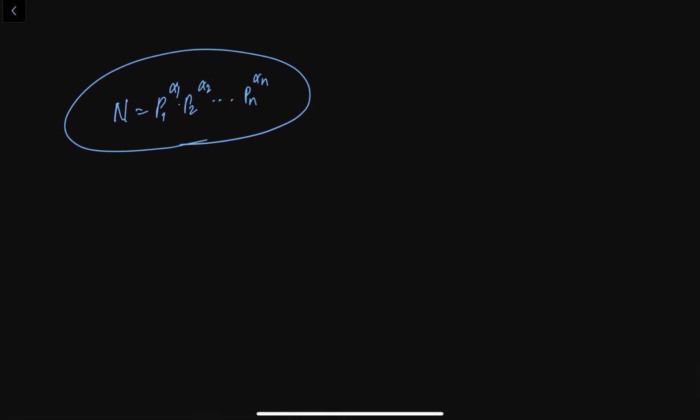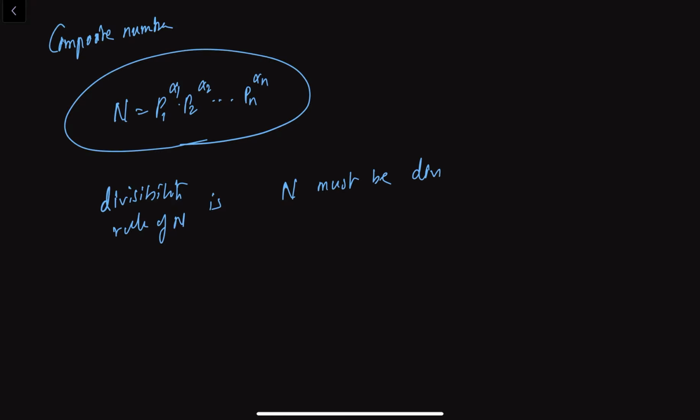So for composite numbers, the divisibility rule of the number n is that we just have to check that it is divisible by p1 to the power alpha 1, p2 to the power alpha 2, each individual factor.